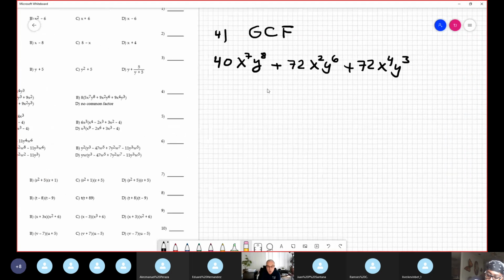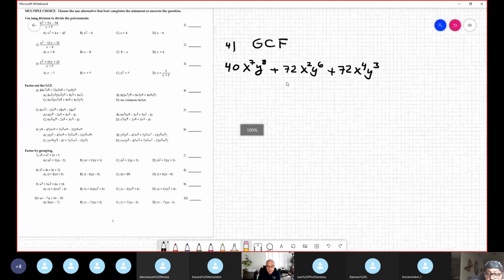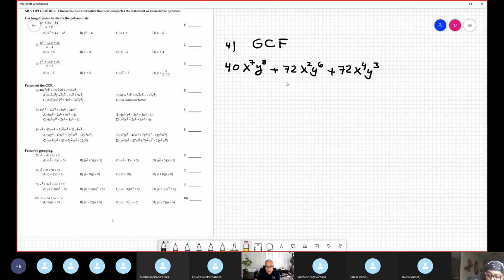The first thing you should do is find the GCF between these terms. Entonces, I want to analyze step by step. You analyze the numerical part first, so I focus on the numbers. By the way, 72 is repeated.